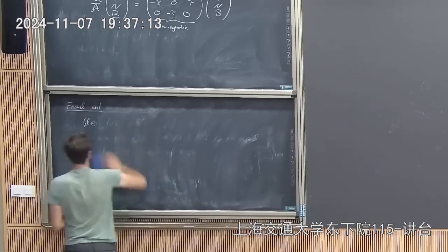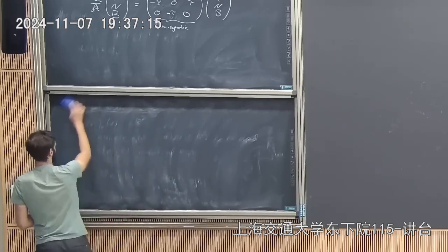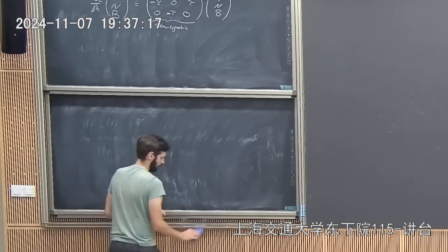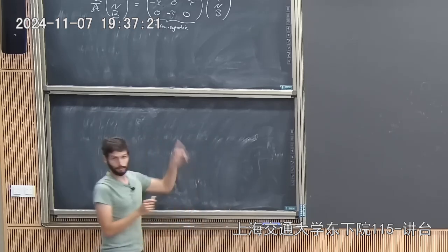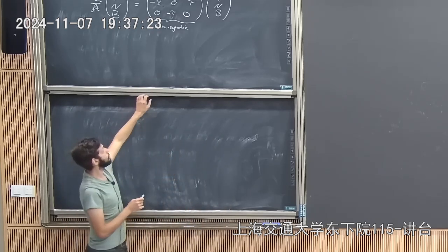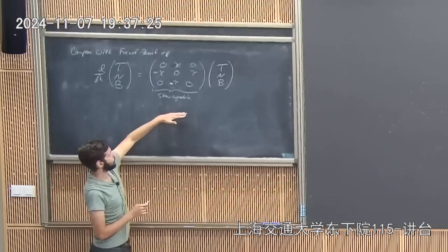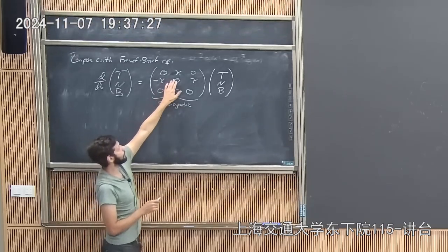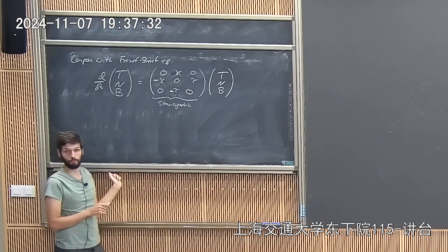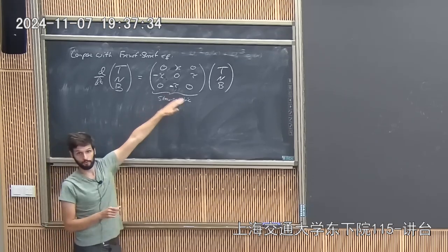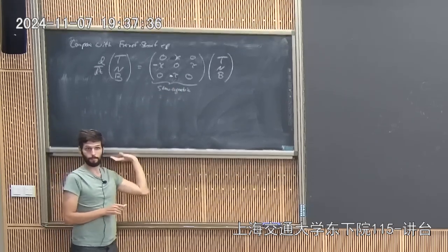So let's have a look if we can prove that omega ij is skew symmetric. Who remembers the proof of these equations and remembers why kappa was here and minus kappa there? What was the reason for the skew symmetry of this matrix?